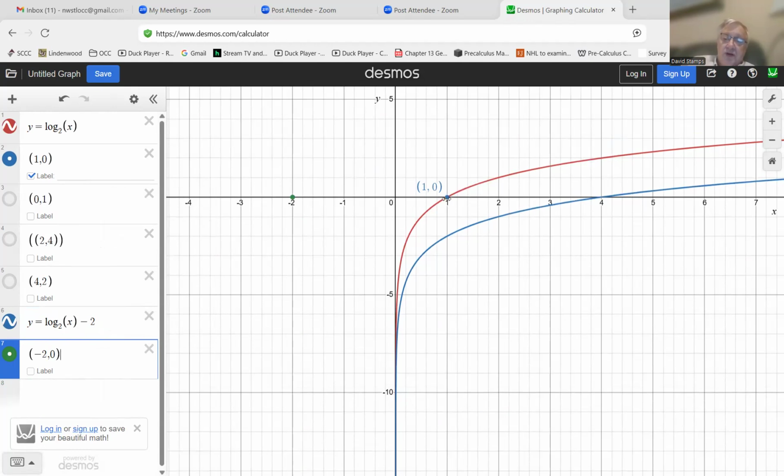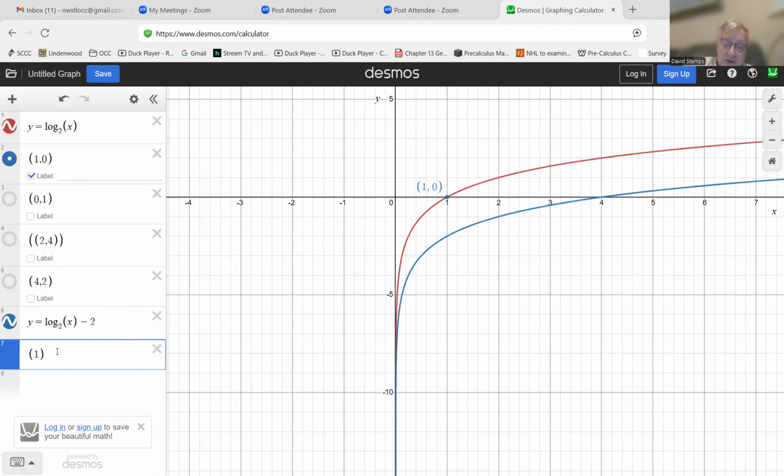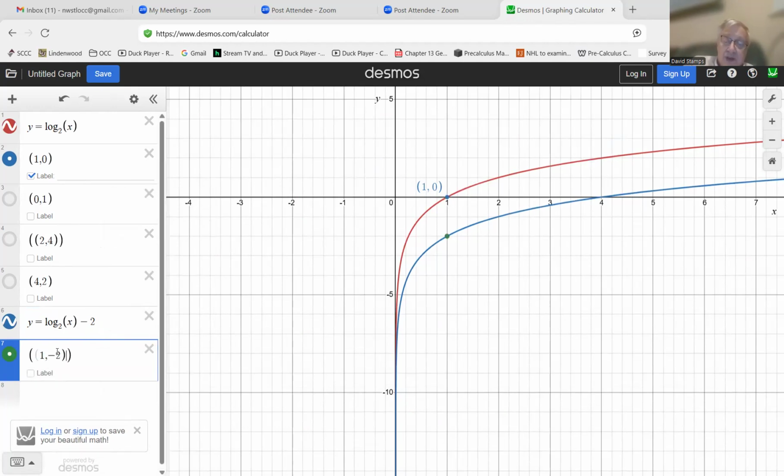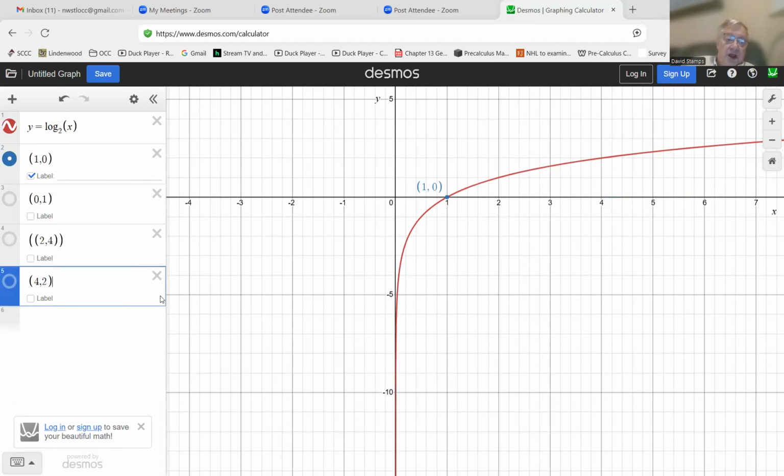So the point 1, 0 would move down to 1, -2. The y value goes down by 2. So this point on log base 2 of x would move down 2 units, and everybody else does as well. And of course, you could stretch the graph, you could reflect the graph.